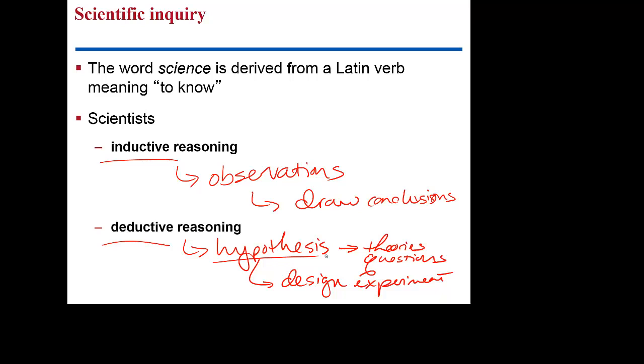Now, from those experiments, you will do observations. From those observations, you will draw conclusions. But you see how this is just a little more complex, a little more structured and organized. And the deductive reasoning we start looking at as being important for building scientific studies.